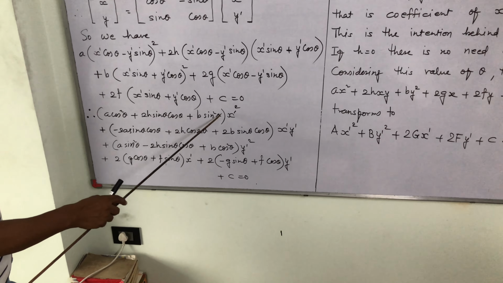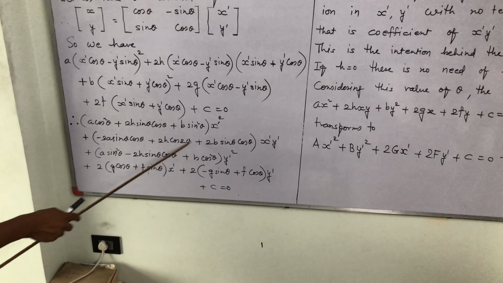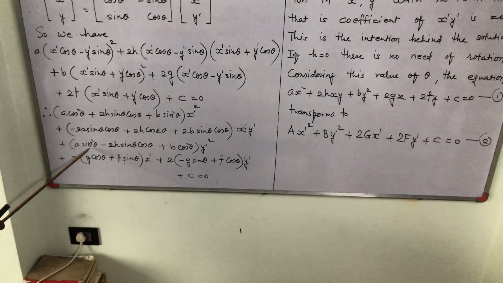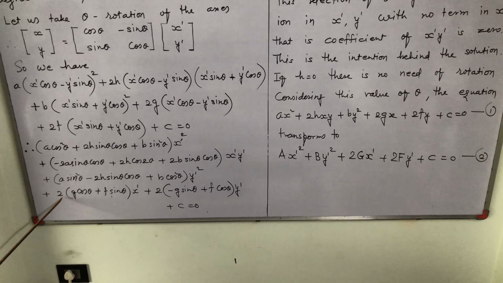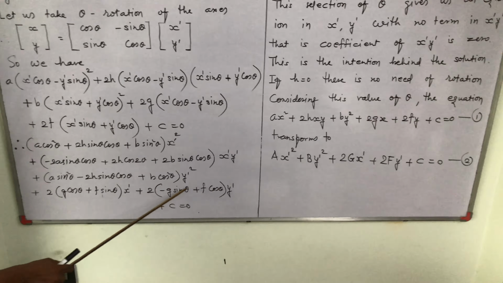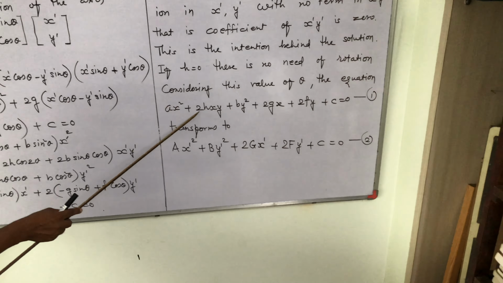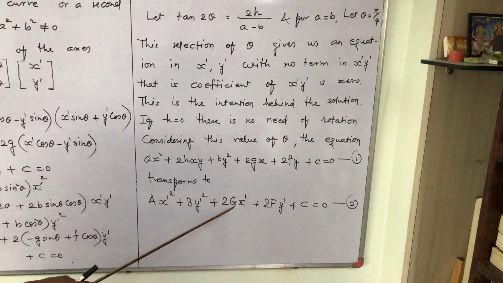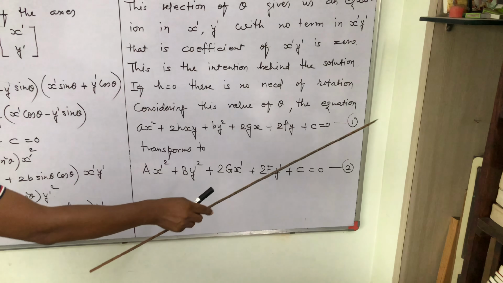Suppose the multiplier of x'² is capital A, the multiplier of y'² is capital B, the multiplier of x' is 2 times capital G, and of y' is 2 times capital F. So this equation transforms to Ax'² + By'² + 2Gx' + 2Fy' + c = 0. Equation number 2.